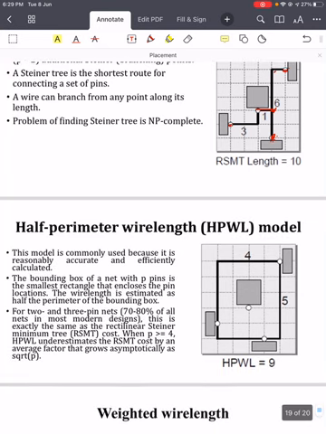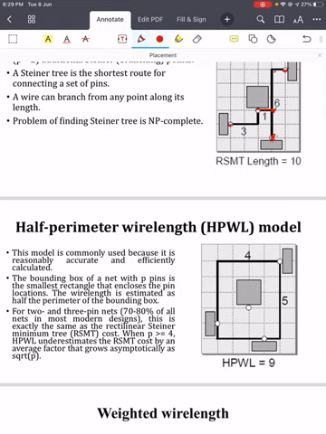Now there is another technique to estimate the wire length, and that is called the half perimeter wire length model. In this model, we basically find a bounding box. Again we are taking the same example of a 4-pin net, but here the concept is completely different.